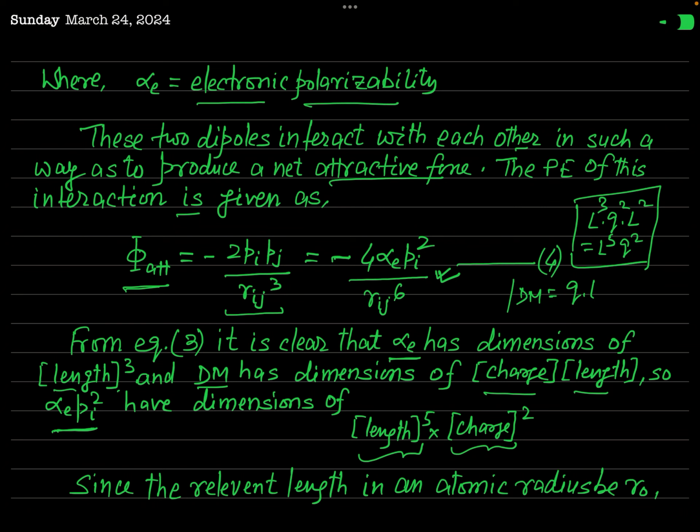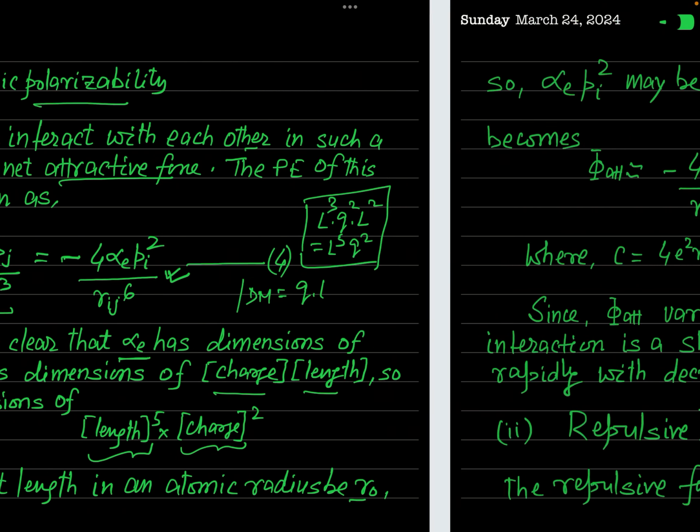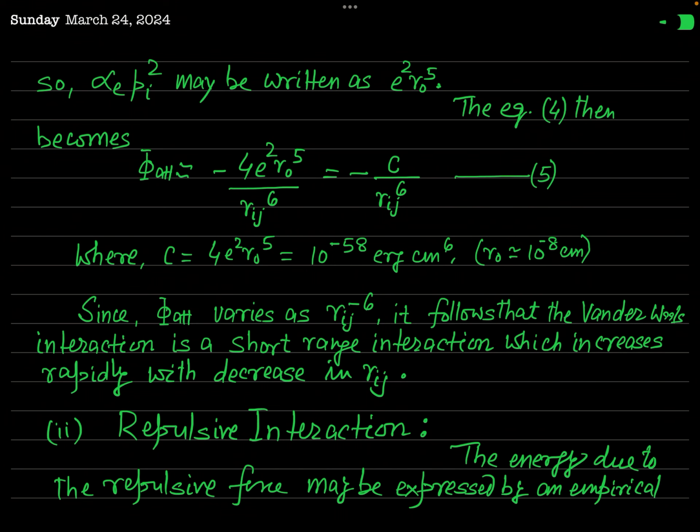In our present calculation, the most relevant length is the atomic radius r0. This will be the relevant length in this case. Since alpha E times pi square has the dimension of length to the power 5 times charge square, as relevant length you can take the atomic radius r0, and as relevant charge you can take the electronic charge.